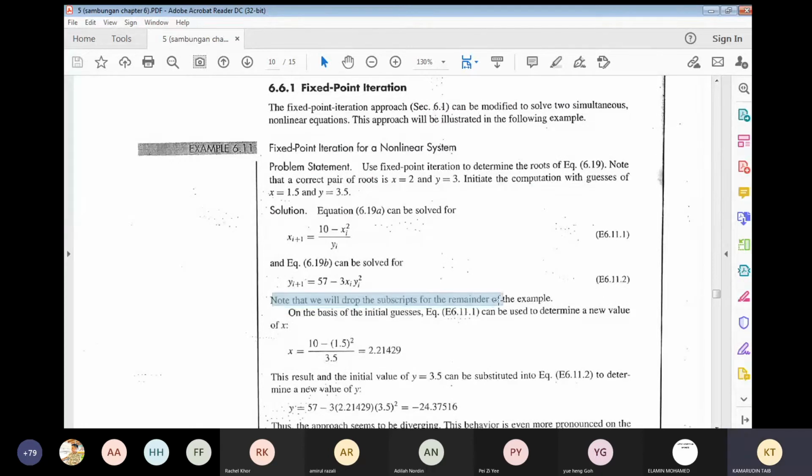Note that we drop the subscript for the remainder of the example. That means the subscript does not need to be there when we do the computation. On the basis of the initial guess, equation 6.11(1) can be used to find the new value of x. So this is the initial x and y value to start with. We just choose a value.